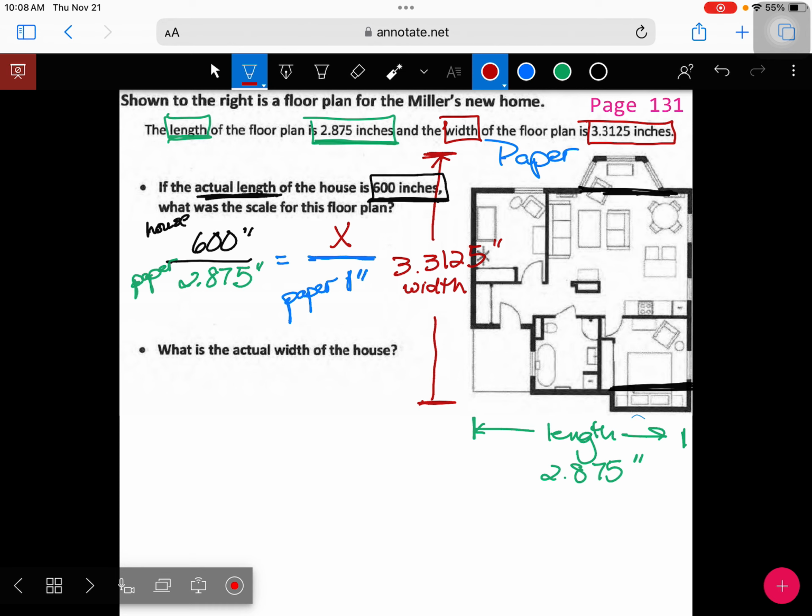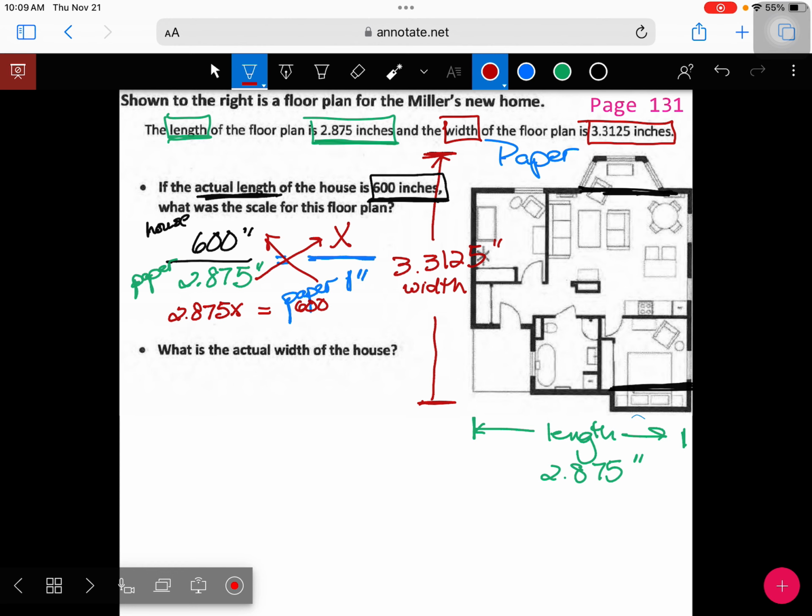No. What do I do here? How do I solve for the variable? How do I get that variable by itself? Couple things you can do. Yeah, we can cross multiply, right? So 2.875 times x equals 600 times 1, which is just 600.